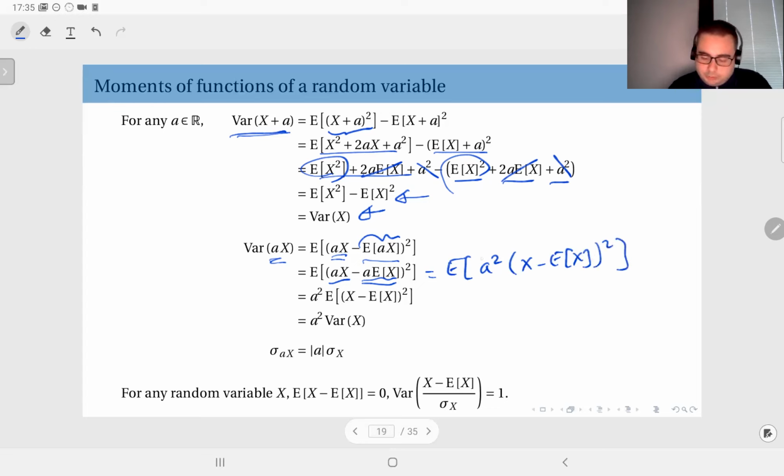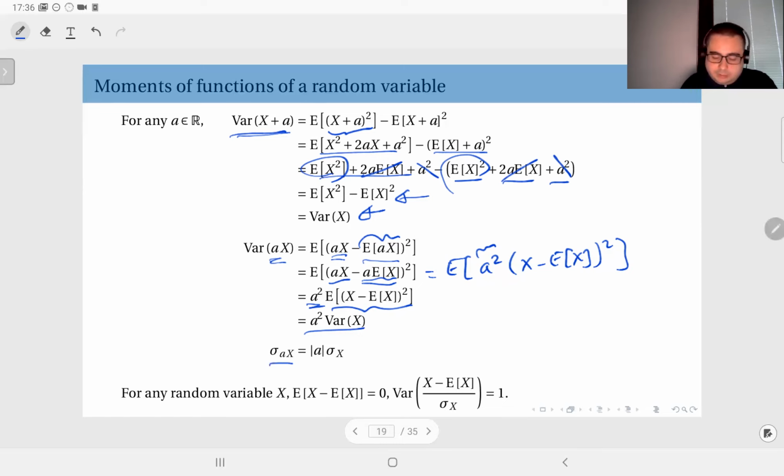And a squared here is just a constant term. I can take it out of the expectation here. And what remains here is the variance. So this is equal to a squared times the variance of x. So this is true for any distribution. If you scale random variable x by a, the variance becomes a squared times the variance of x. And of course, the standard deviation is equal to the square root of the variance.